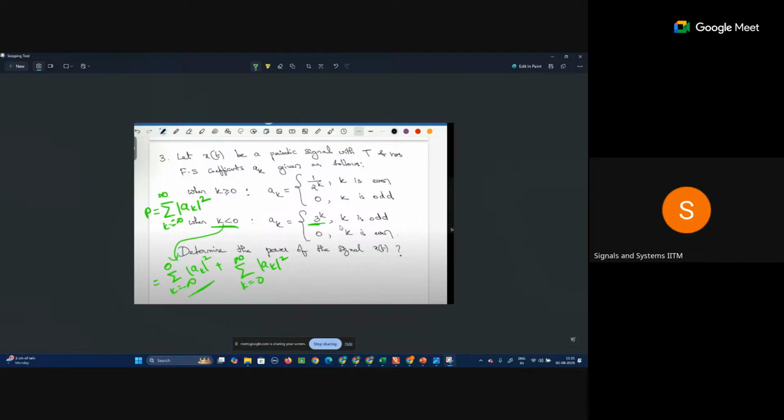We take the even part as 0, and the odd part will be, if it is minus 1, minus 3, in that way it goes, odd. So odd is 2 times n plus 1.